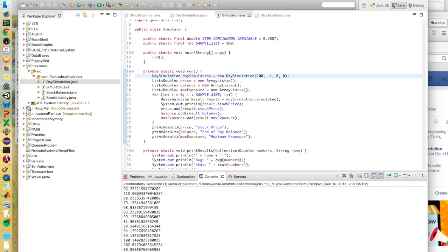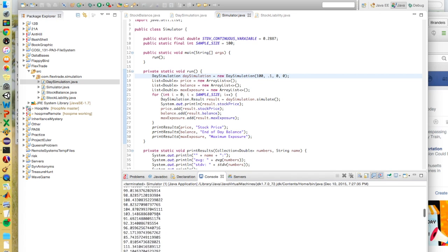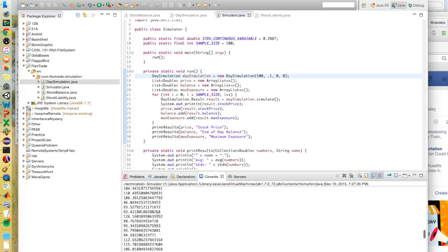And sometimes it's $96, sometimes it's $115, $107, but no matter the end of day price, we see that when we average it all together, the stock has a $98 average price at the end of the day. And this makes sense because we don't expect the stock to move up and down.